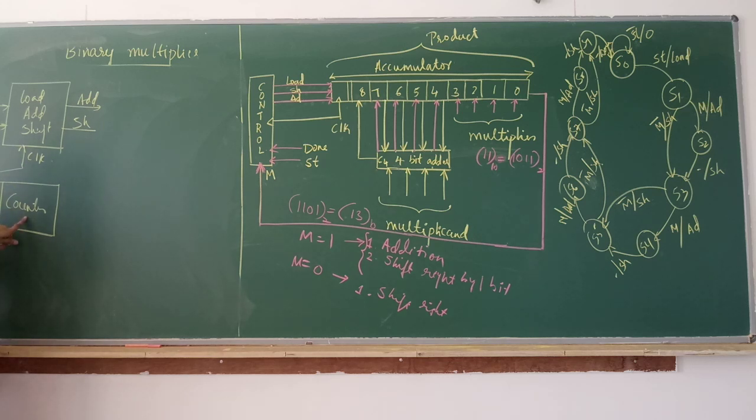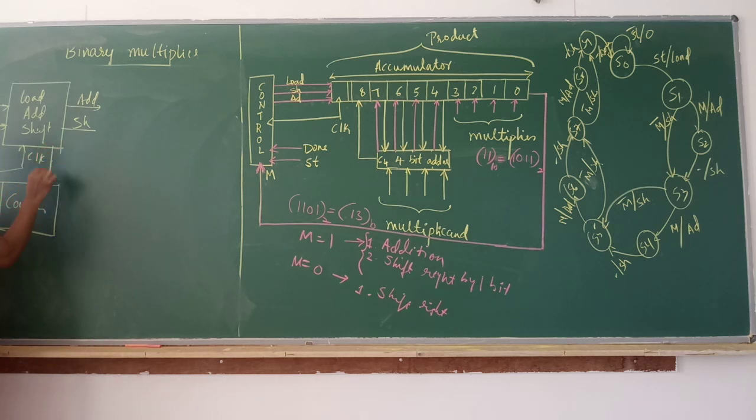This is to keep a count on the shift signals. If the multiplicand or the multiplier is of more than 4 bits, or n bits, the counter should keep a count on the number of shift signals. It is a part of the control unit. The complete diagram, whatever I have written, the complete block is nothing but the control unit. So the control unit will be divided into a counter to keep a count on the number of shift signals.